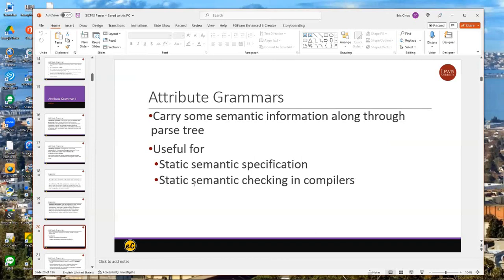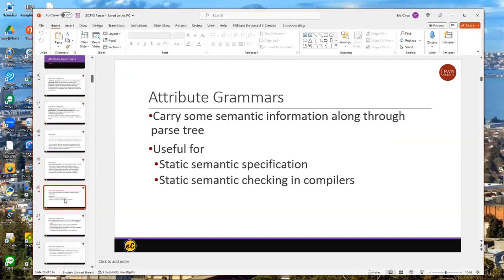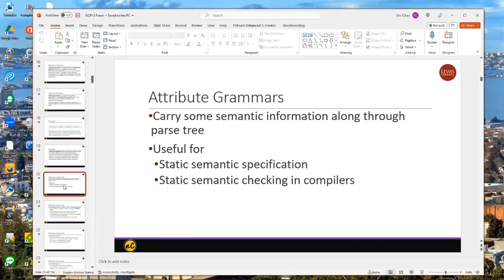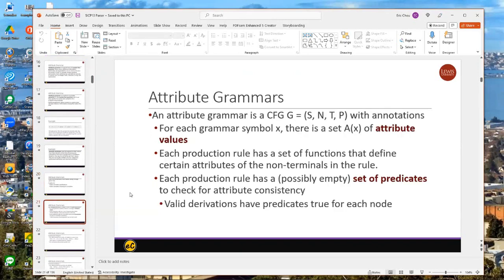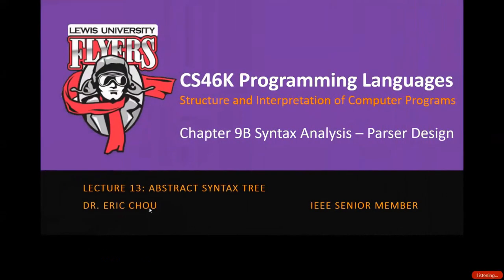So here we talk about attribute grammar. It can only detect the static error. It cannot detect the dynamic error. So dynamic error has to be found at the run time. So attribute grammar, these are some symbols.